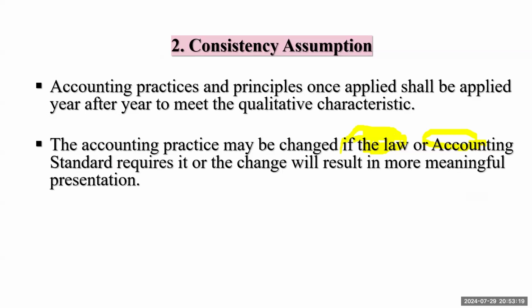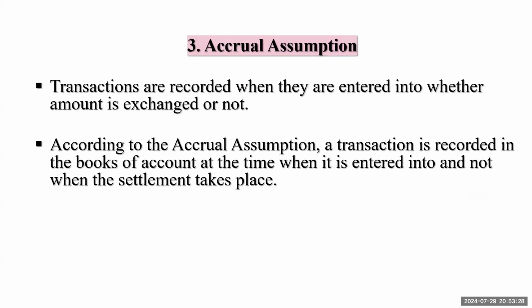So this was the second fundamental accounting assumption. First one was going concern assumption, second one consistency, and the third one accrual assumption. Accrual assumption asks us to record the transactions when they are entered into. Suppose you have purchased a machine.